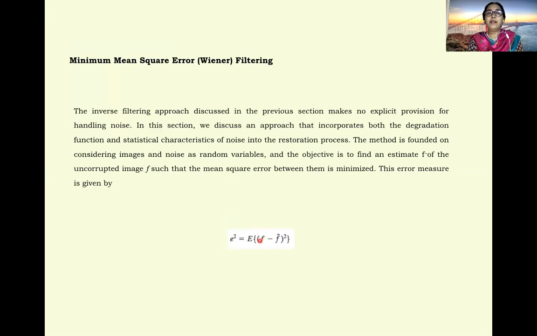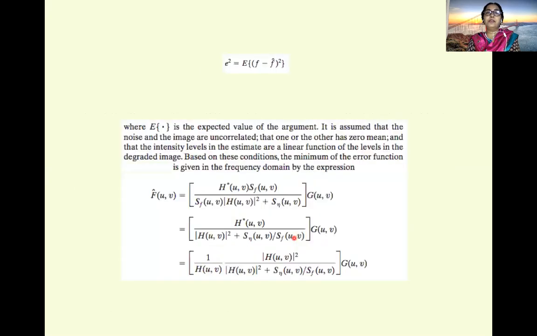Therefore, the error is e squared equals the expected value of (f minus f approximation) whole squared, and it should be as low as possible. Therefore, this error should be minimized. The estimate is the expected value of the argument. It is assumed that the noise and the image are uncorrelated, that one or the other has zero mean, and that the intensity levels in the estimate are a linear function of the levels in the degraded image.